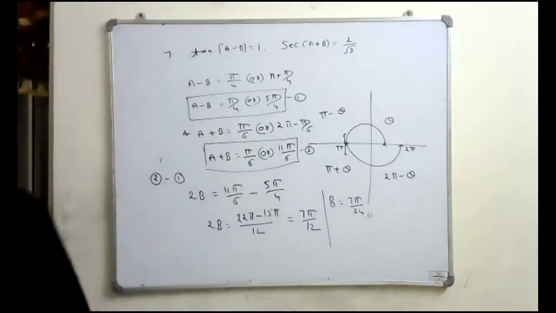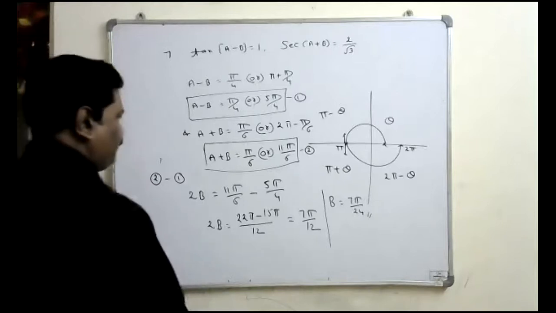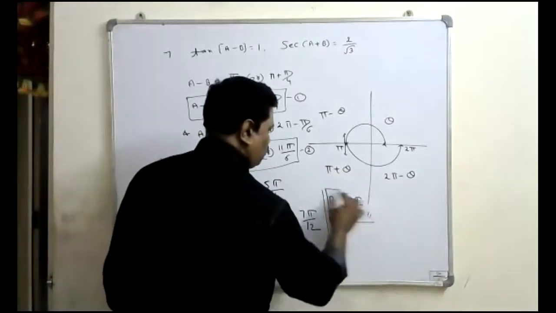Okay, that is only the least. 7 pi only should be there. This is only correct.